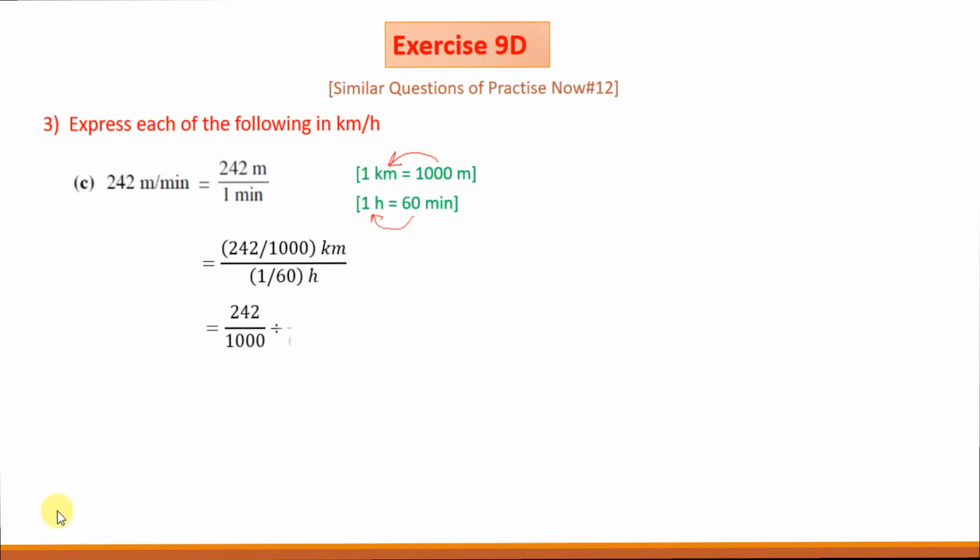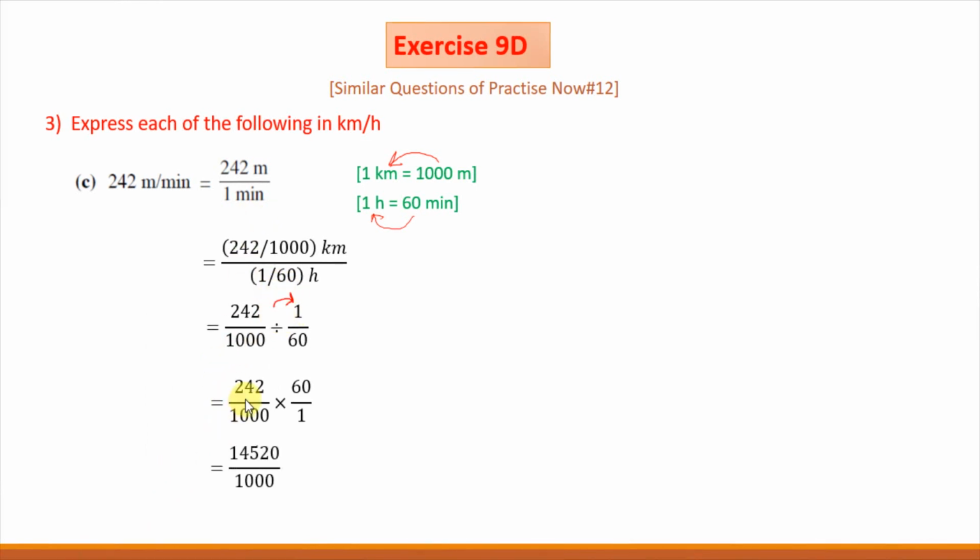In the next step, we can write this step as follows: 242 divided by 1000 over here, and then divide by, we have used the symbol over here, and then 1 by 60 over here. Now in the next step we will change the division sign into multiply, and you know that this fraction will be reciprocal, so that will be 60 divided by 1.